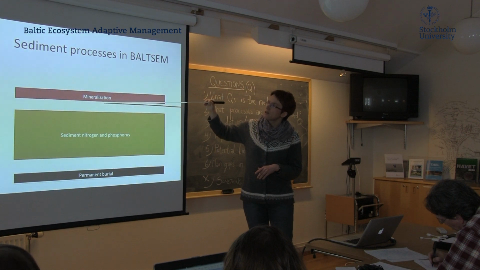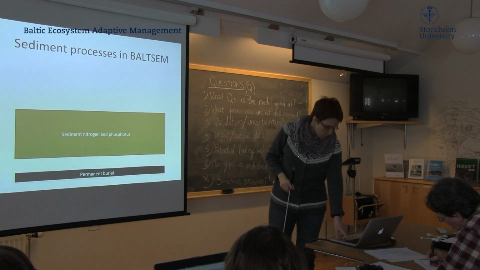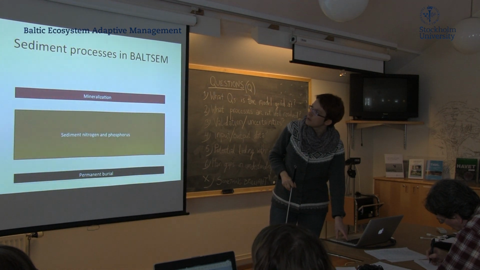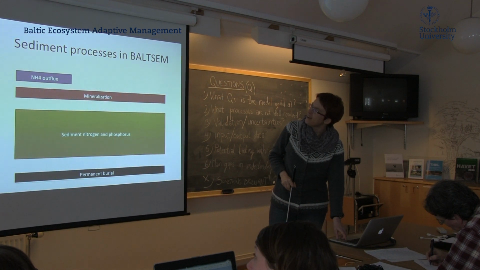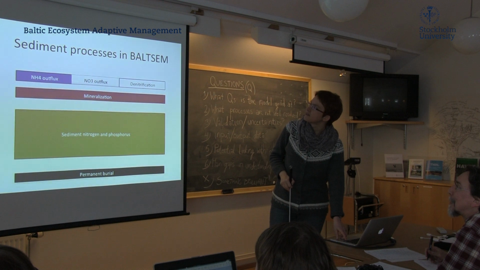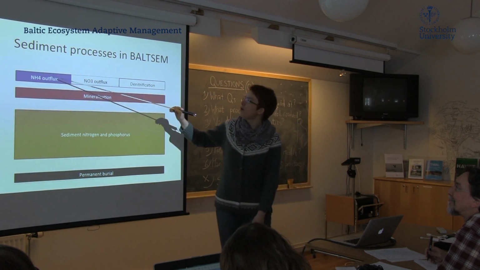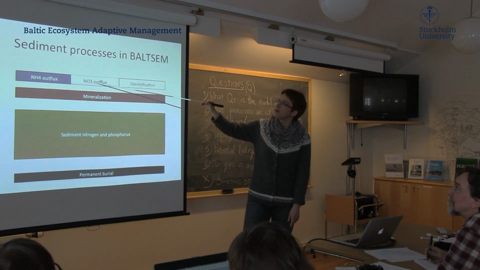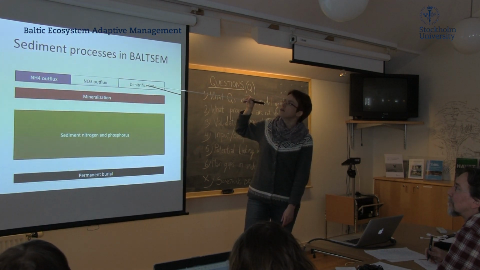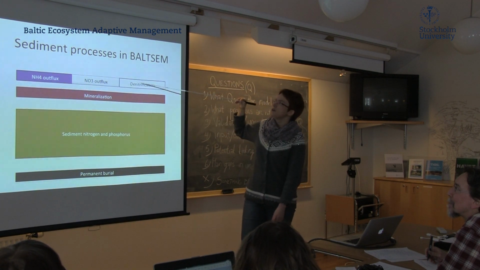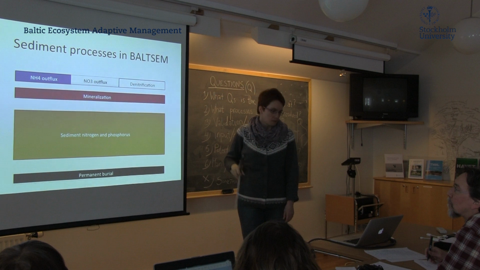So the fraction that you mineralize, what happens with that? This fraction is, for nitrogen, split into three pathways. Part leaves the sediment as ammonium, part as nitrate, and part is denitrified. And the split between those three pathways depends on the oxygen concentration.